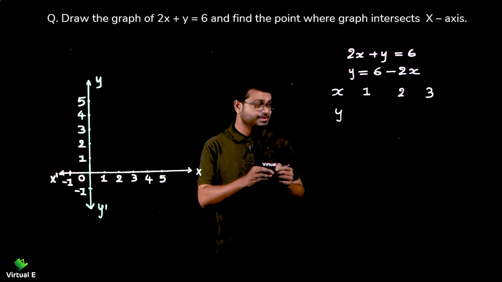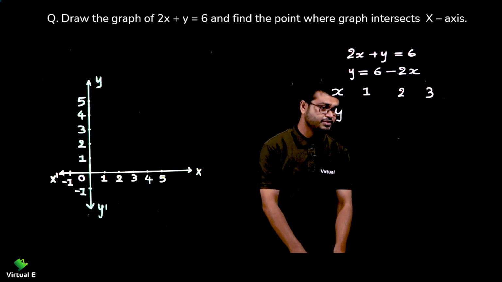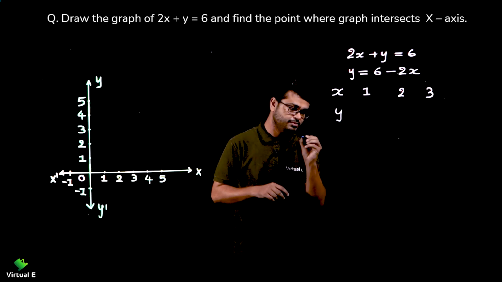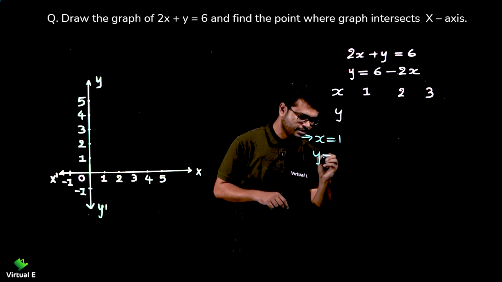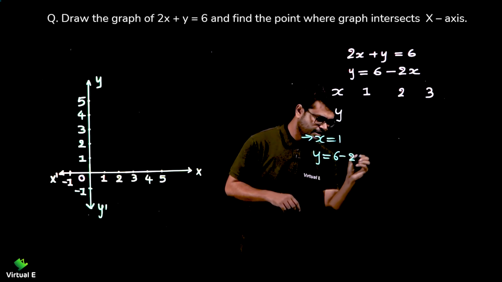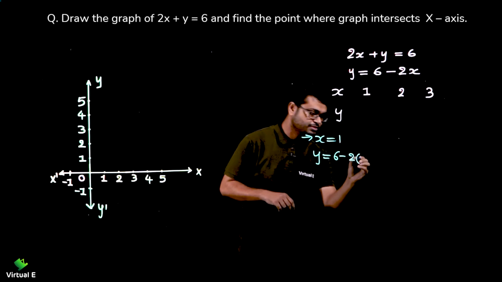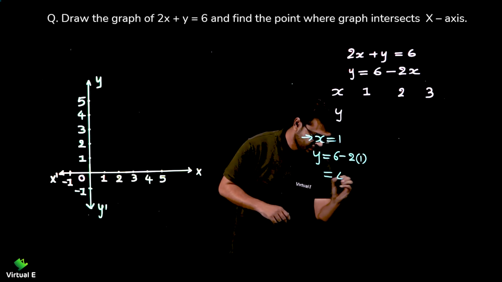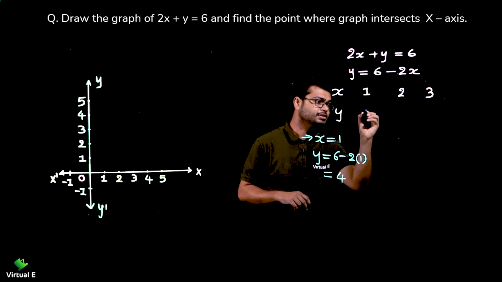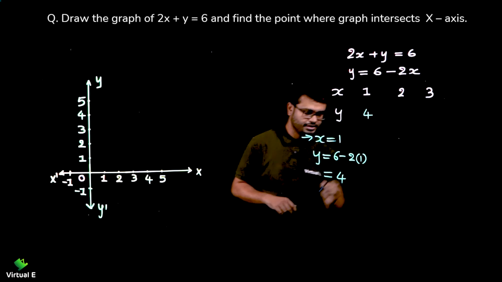So let's start calculation. First of all, for x is equal to 1. So y is equal to 6 minus 2 into 1. So that's 6 minus 2, which is 4.